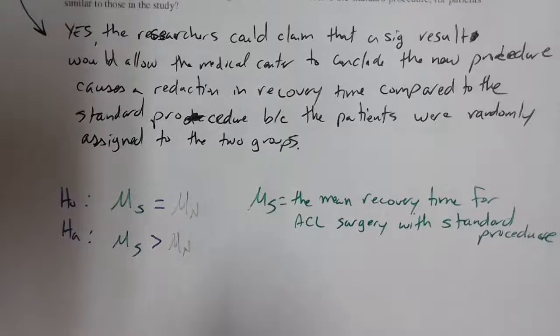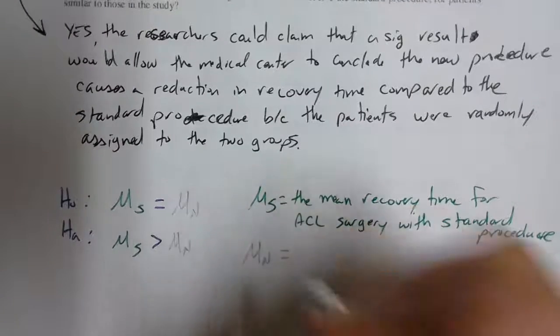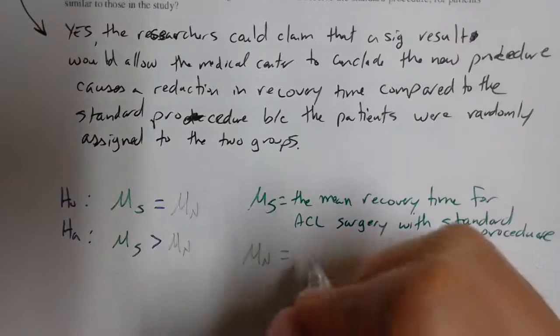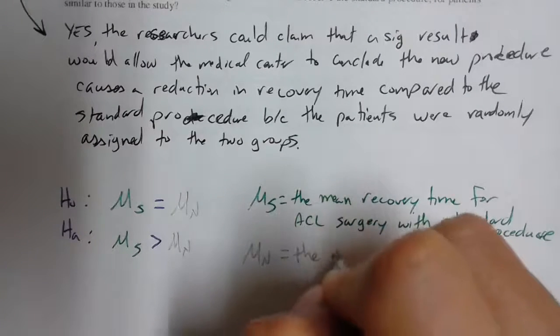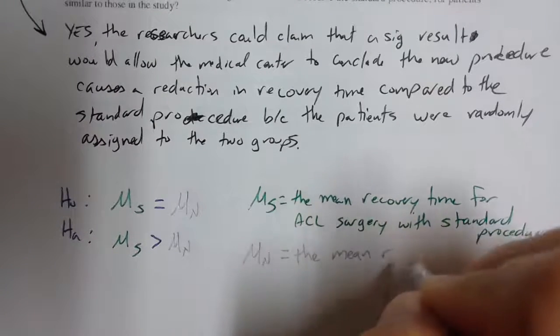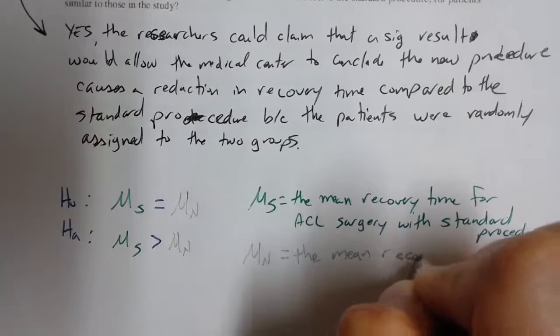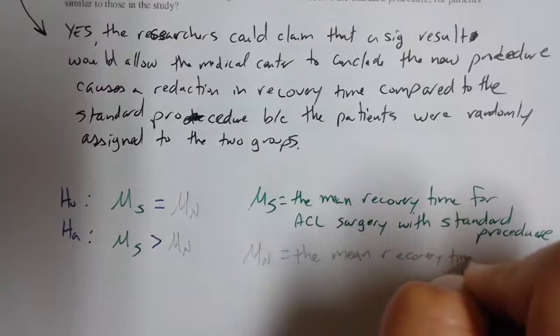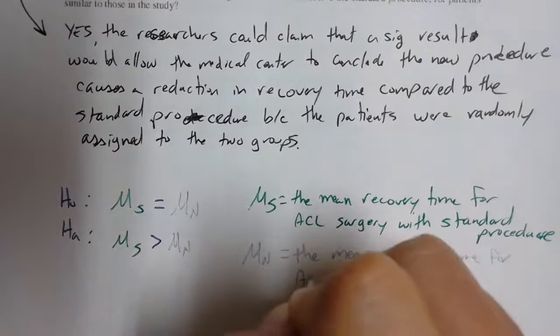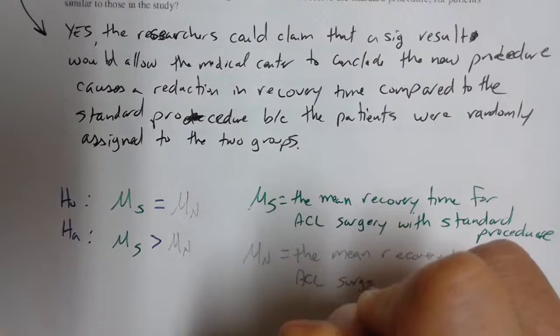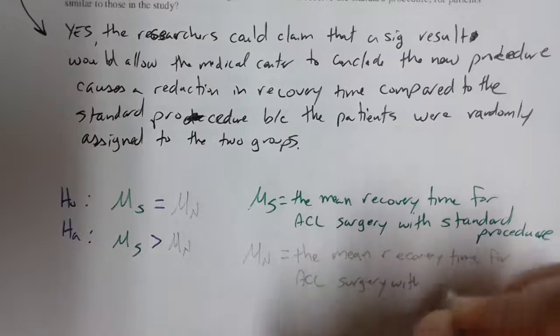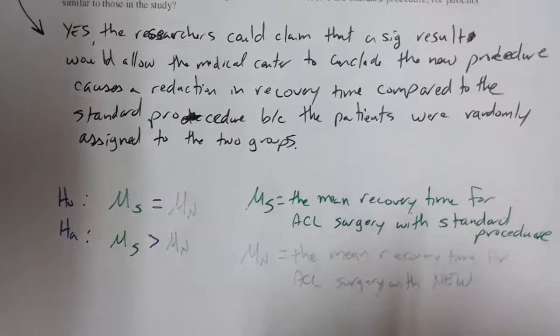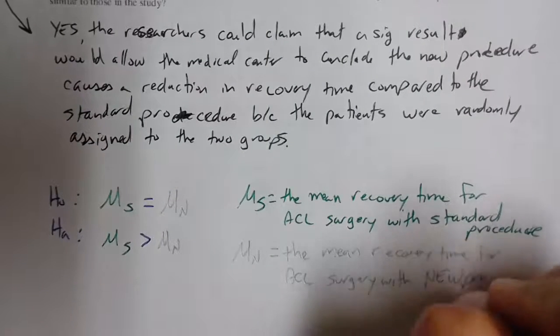So mu of N is the mean recovery time for ACL surgery with new procedure. It's important to define those just to make sure that the grader knows what you're actually going to do the test with.